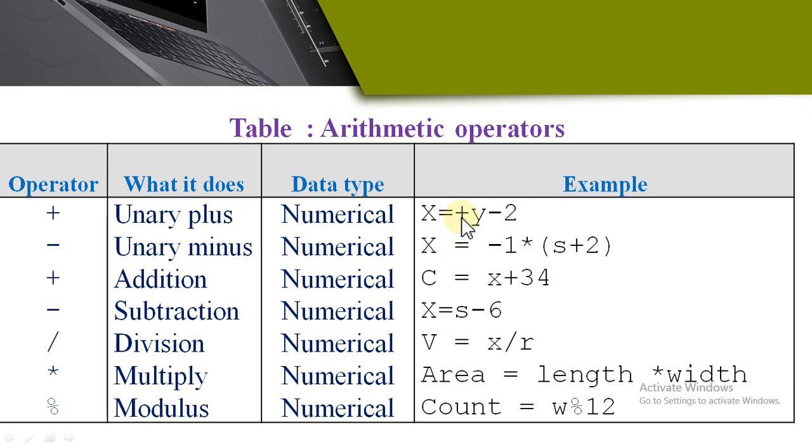Whenever it encounters an expression, it will evaluate this expression. Evaluating an expression means arriving at a value. When it does that, it will have two modes.